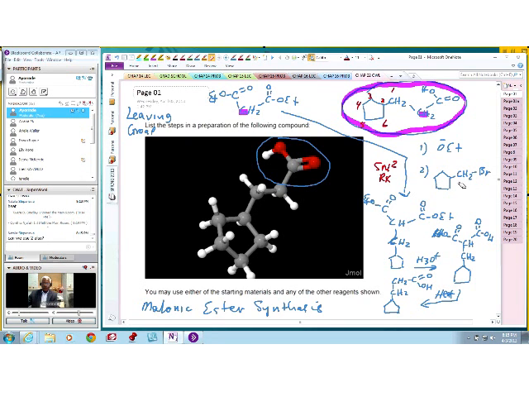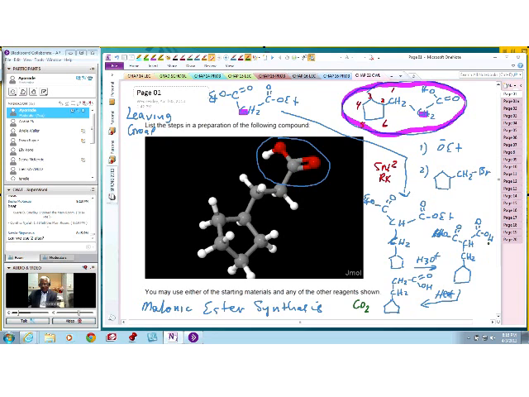That is very, very important. Once you do your alkylation, you do acid-catalyzed hydrolysis to transform the diester to the diacid right here. Then once you form the dicarboxylic acid, you apply heat. When you apply heat, you lose carbon dioxide right here. So carbon dioxide will be lost.